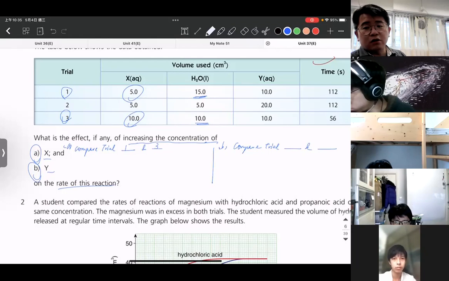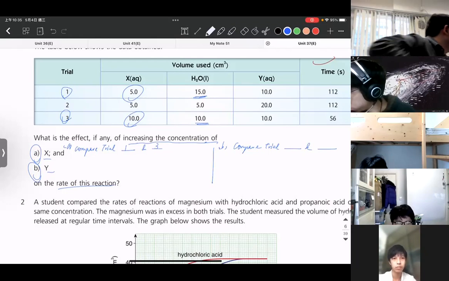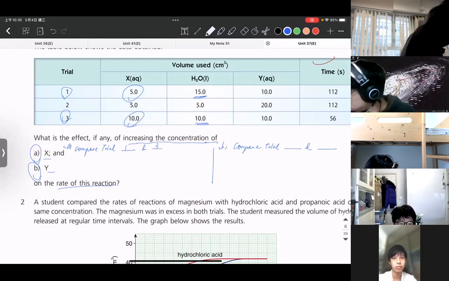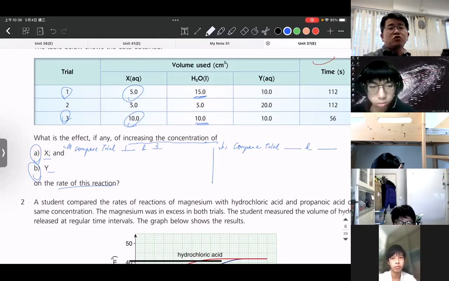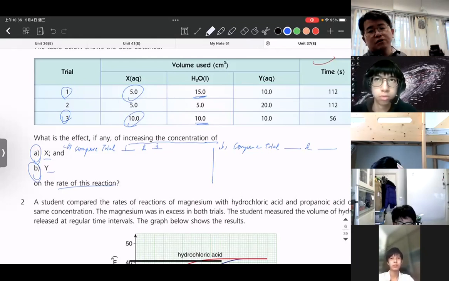So I would like to know the reason. Why is maintaining the total volume of a solution being the same so important?